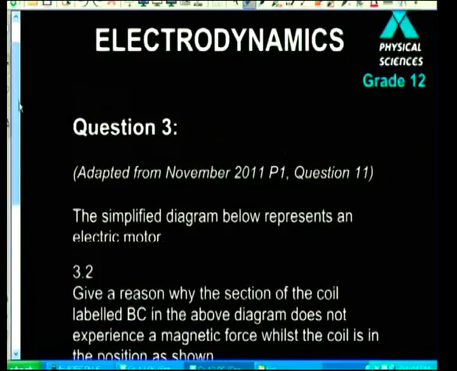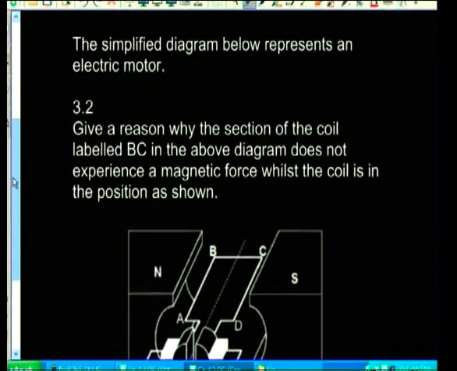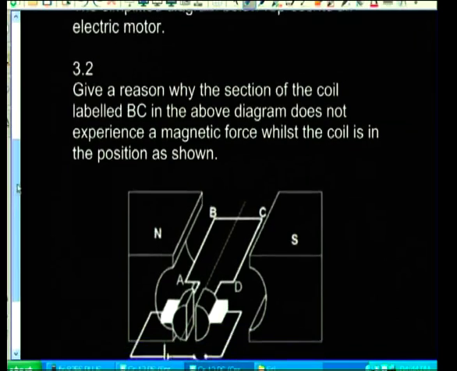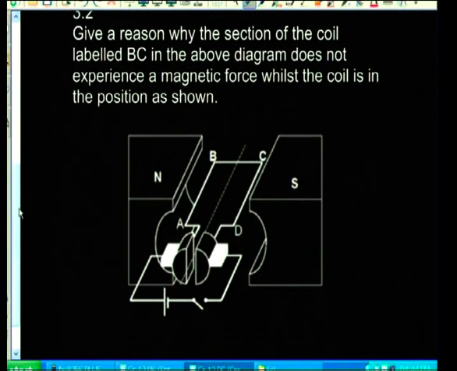Okay? Next one. The simplified diagram below represents an electric motor. Give a reason why the section of coil labeled BC in the above diagram does not experience a magnetic force whilst the coil is in the position as shown.